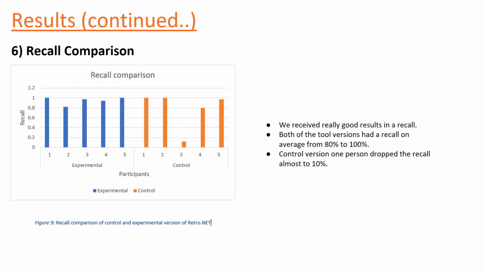They had very close to 80 to 100% recall in both versions of the tool, but on the control version, one user almost dropped the recall down to 10%. So I guess in this scenario, with the experimental tool, all of them did fairly well.